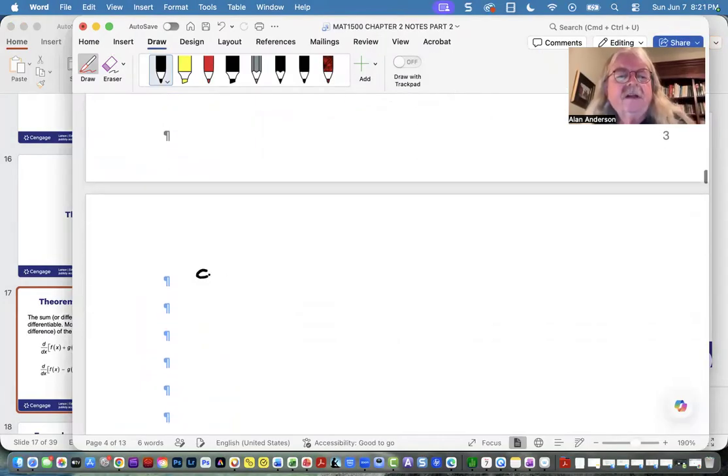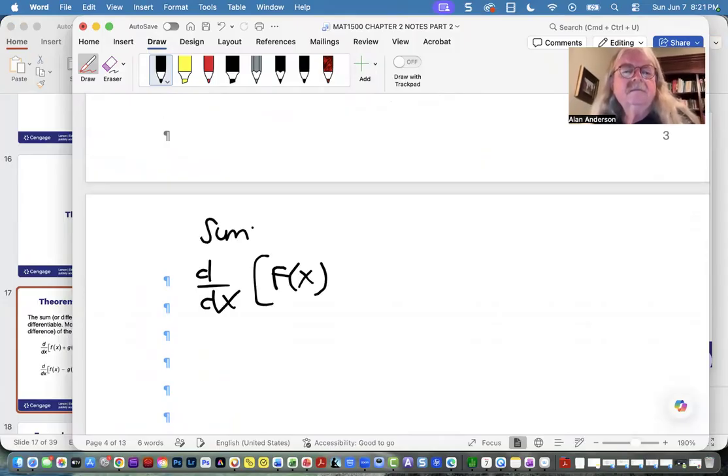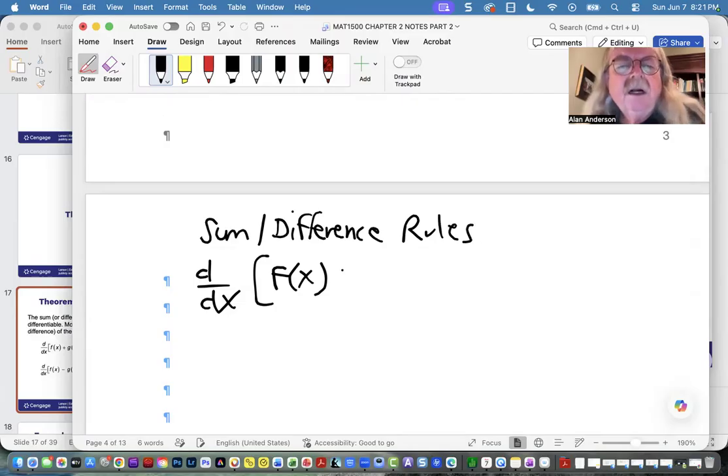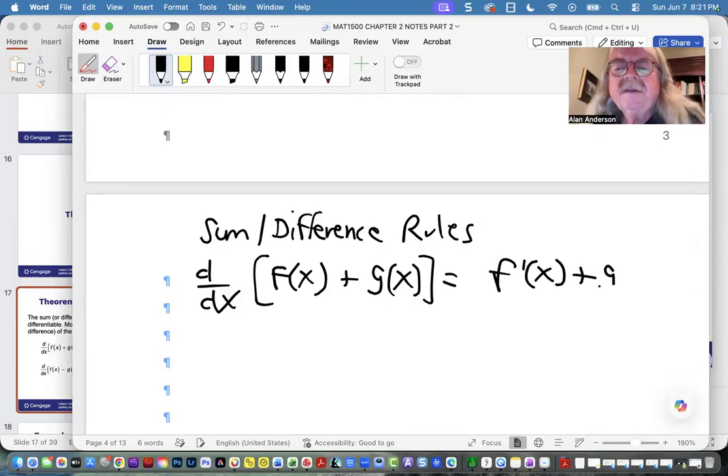The derivative of a sum of functions is the same thing as the sum of the derivatives. And you can do the same thing with differences.